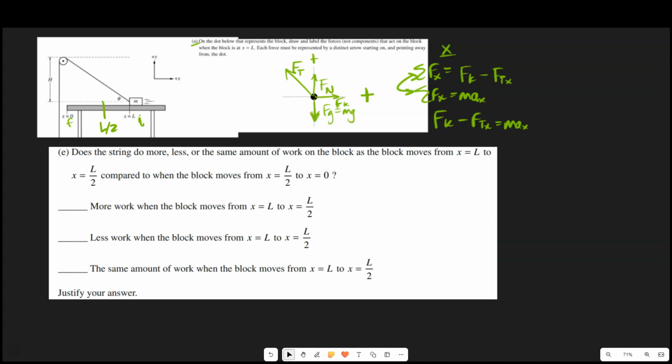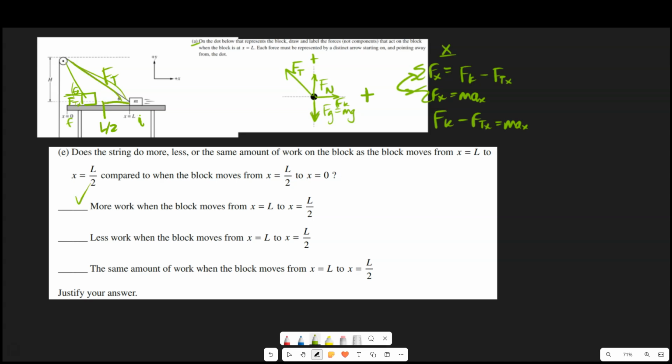Well, remember, work involves force parallel to the motion, and the force parallel to the motion actually gets less and less as time goes on. In other words, if we had the box, like say right here, this angle would be more extreme. It would be closer to 90 degrees the closer it gets to the edge here, and there would be less work being done because there is less of this tension in the x as compared to previous.